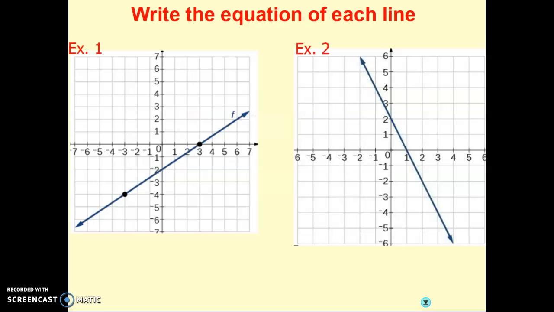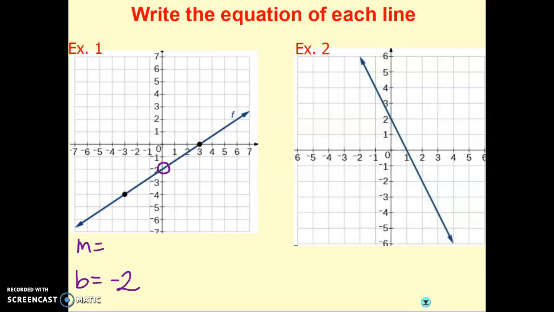Let's see an example. Here are two lines graphed for you. We should be able to write the equation. In order to do that, we need to know m and b. Again, b is the y-intercept, so I see that this first line crosses the y-axis at -2. This one has been so nice as to draw other points for us.